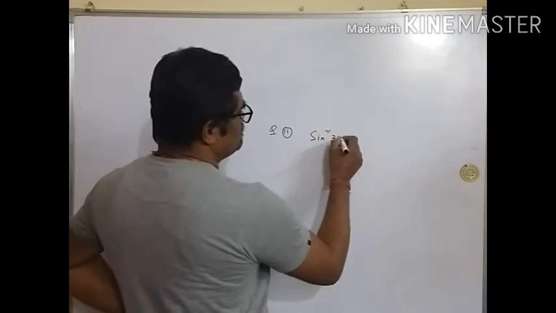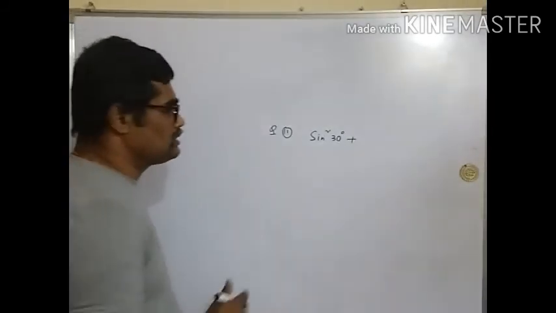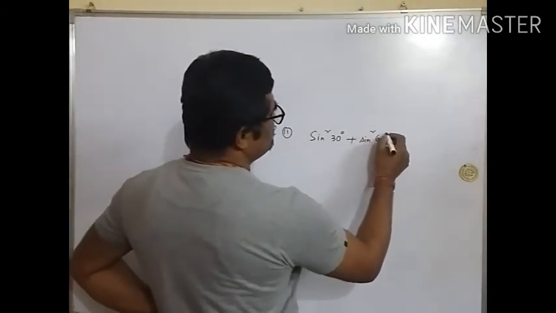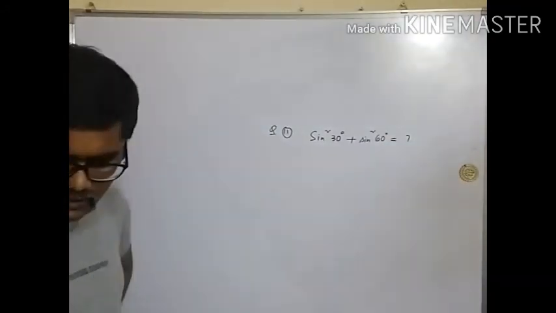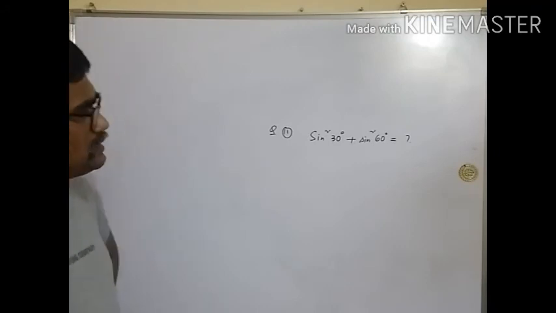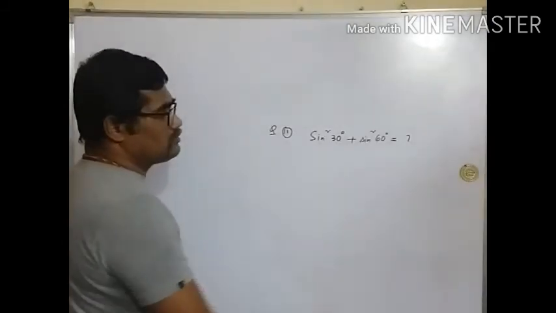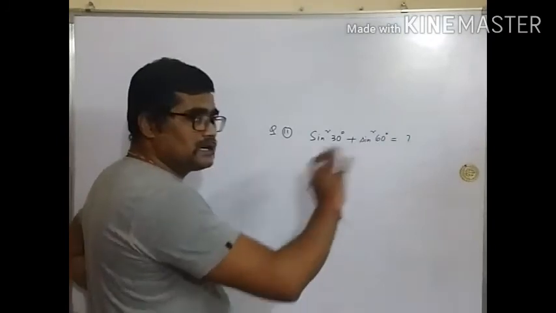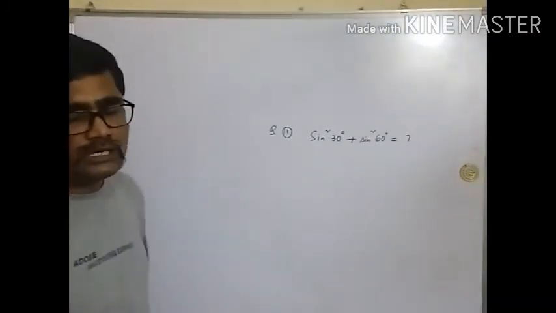Sine square 30 degree plus sine square 60 degree is equal to what? Sine square 30 degree and sine square 60 degree standard है. So if these are standard angles, you can opt for the values also. Okay, values दिखा के कर लो 1 आएगा, but I am going to apply the complementary angles.